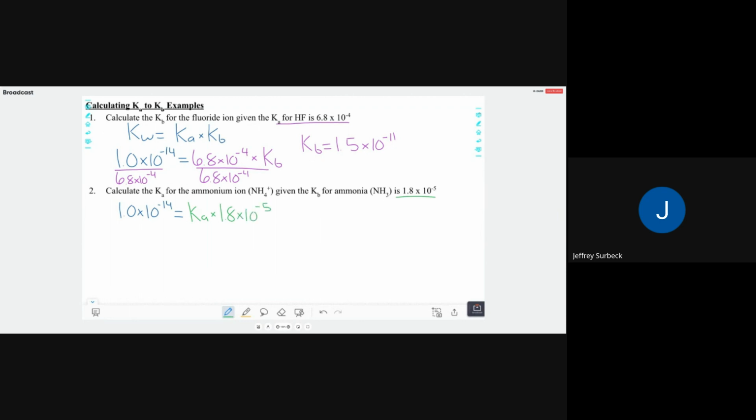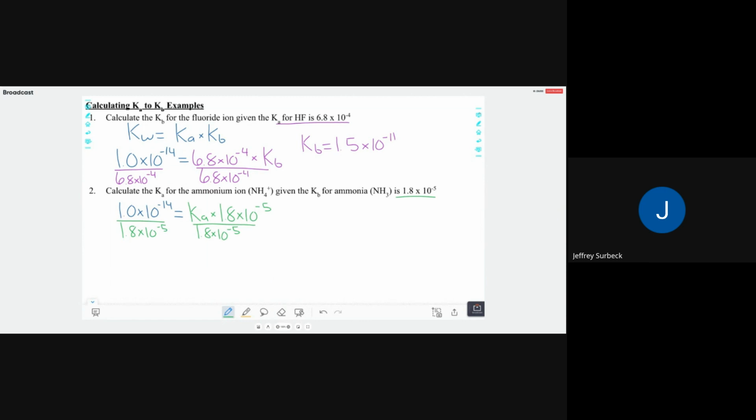And once again, how do we get Ka? Divide, right? So we divide by 1.8 times 10 to the negative 5th on both sides of the equation, and we turn to our calculators.